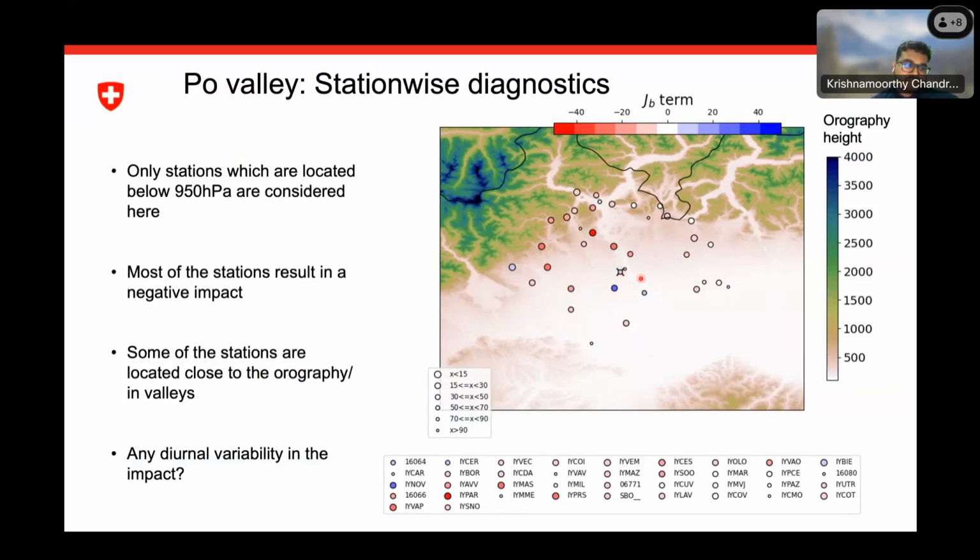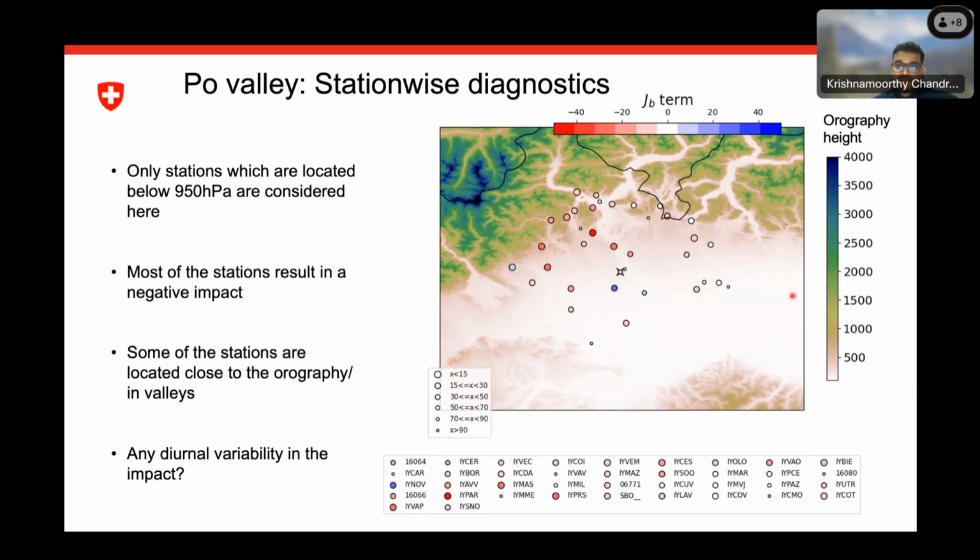When we have red, it means we are degrading the analysis, and when we have blue, it's better. The size of each marker represents the error: a smaller size means a very large estimated error, and a larger size means they are statistically significant.